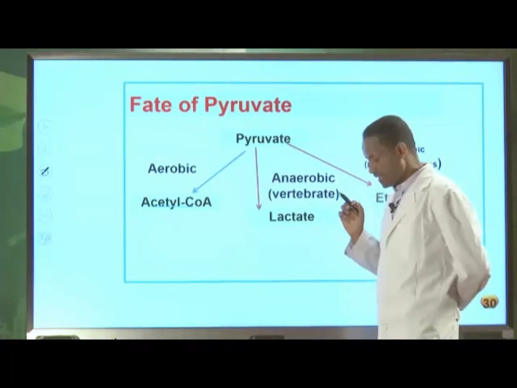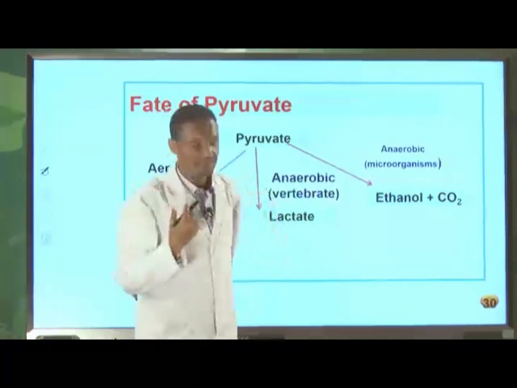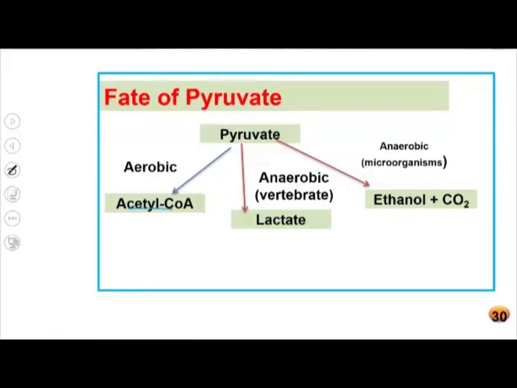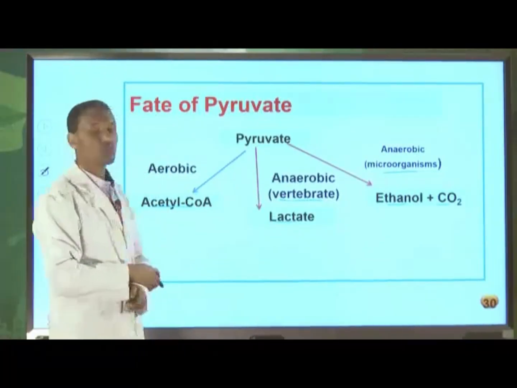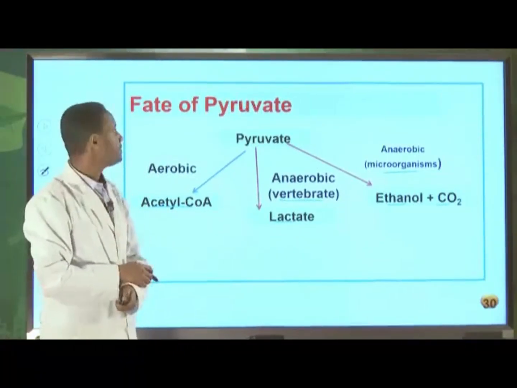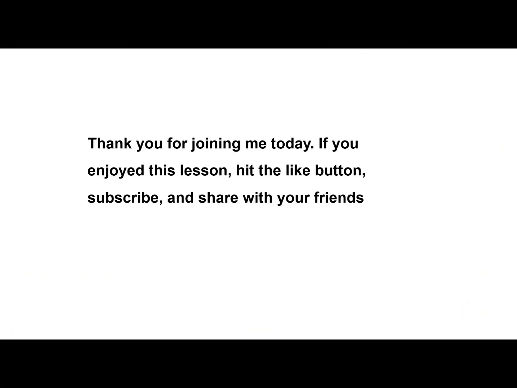But if there is not enough oxygen, in anaerobic conditions, it can be converted into lactate by vertebrates. But in microorganisms, such as yeast, it can be converted into ethanol and carbon dioxide. This is the fate of pyruvate produced by glycolysis.